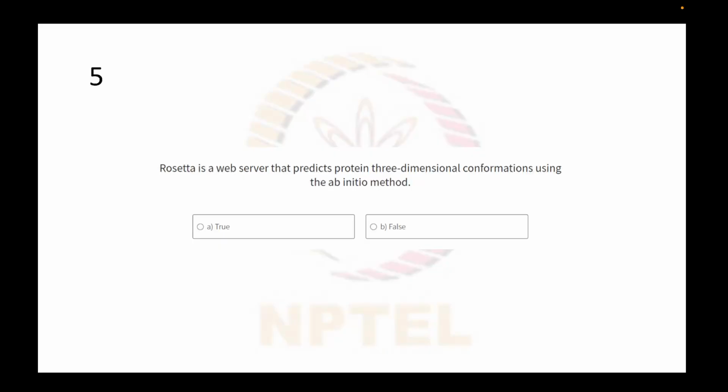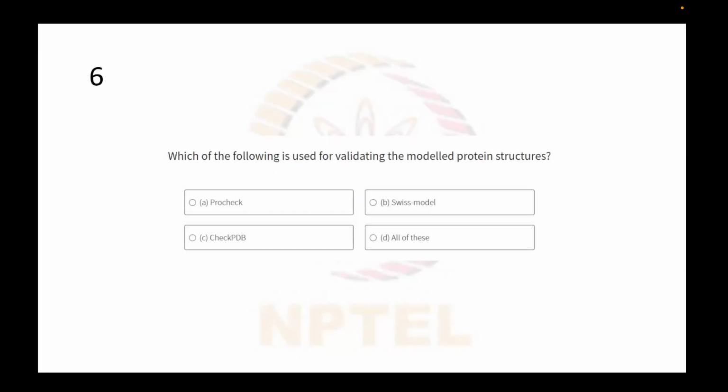Here I have a true or false question. Rosetta is a web server that predicts the protein three-dimensional conformation using an ab initio method. True or false? Yes, true. It's an ab initio based method. Which of the following is used for validating protein model structures?